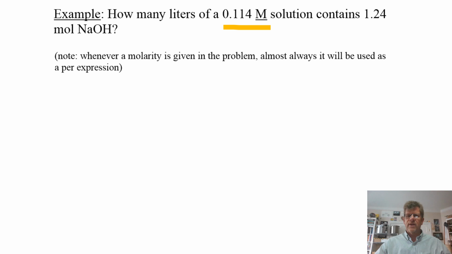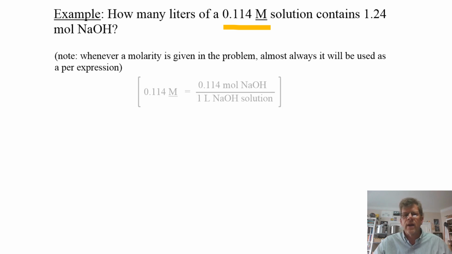Indeed, 0.114 molar equals, how would that show up as a per expression? Well, 0.114 moles of NaOH per 1 liter of solution. So we have numerator, denominator, that's ultimately how we're going to use it.